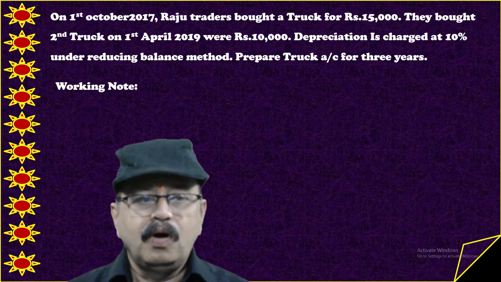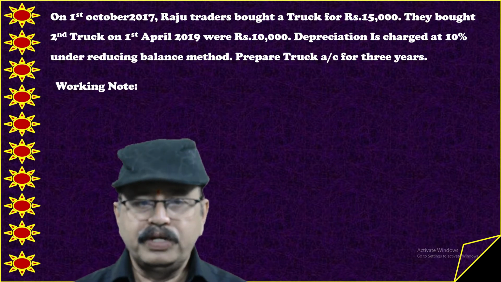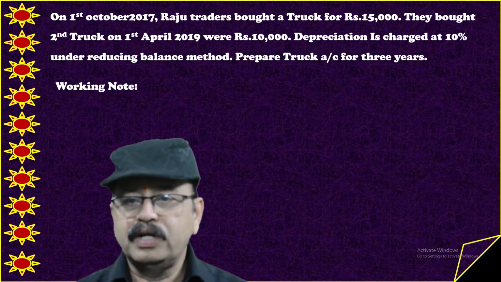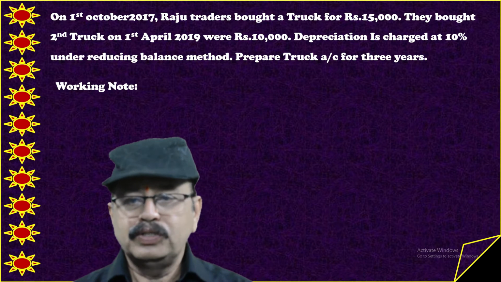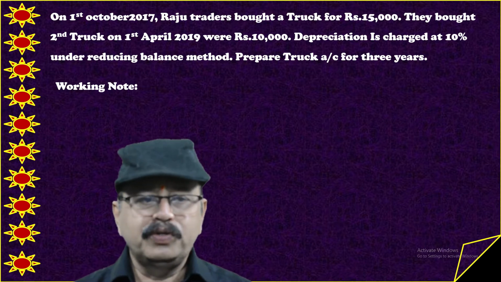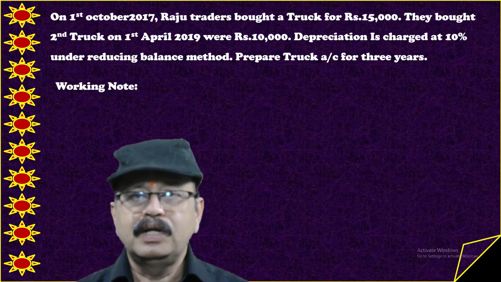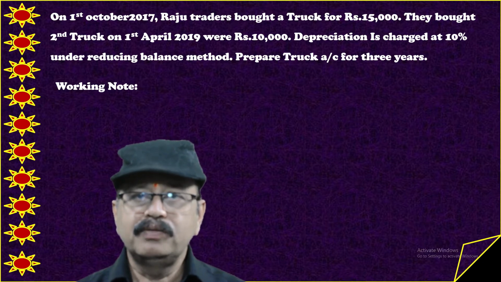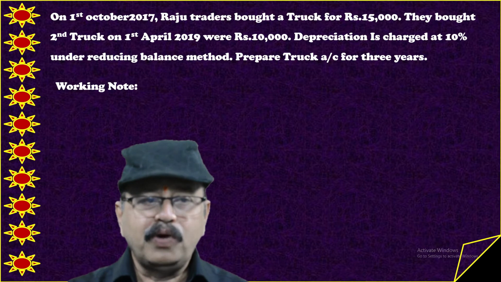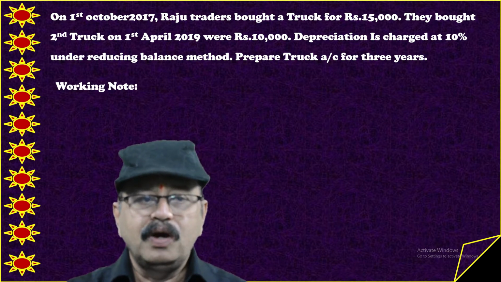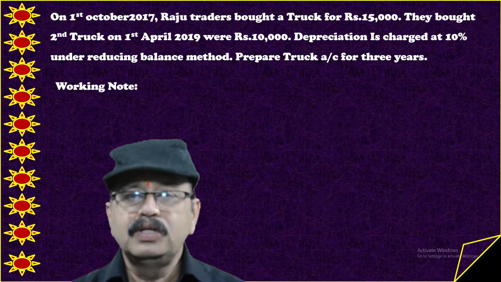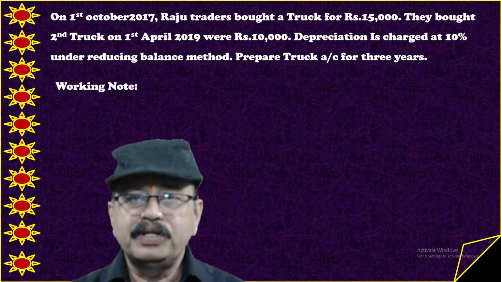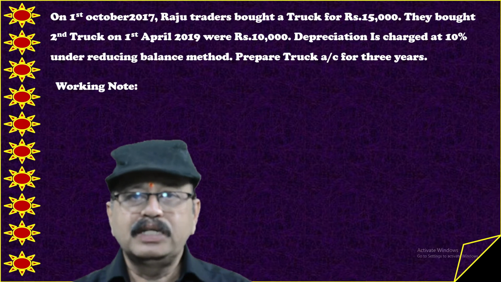Working note. On 1st October 2017, Raju Traders bought a truck for 15,000. Here we should prepare the accounts at the end of the financial year, that means March 31st. When they bought the truck on 1st October, we should calculate the depreciation from October 1st to March 31st.